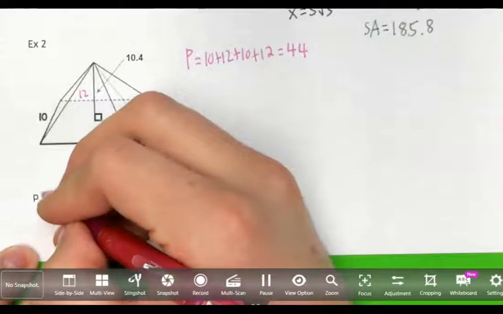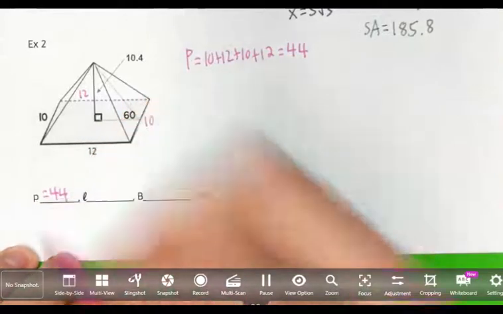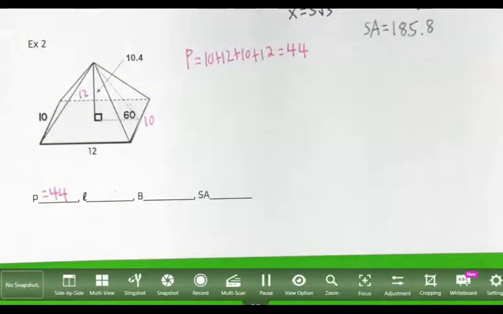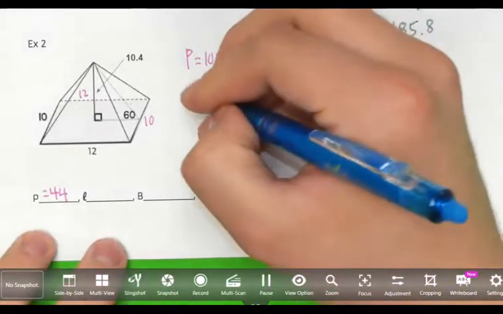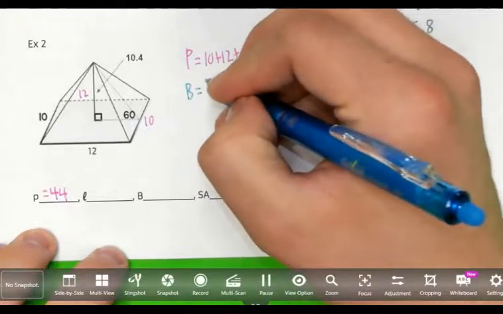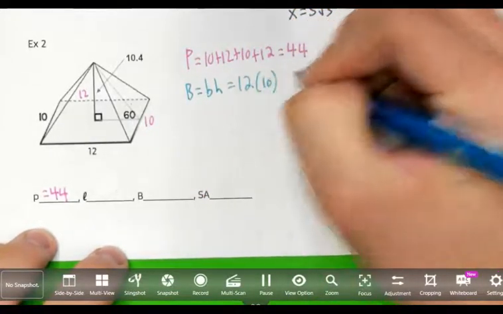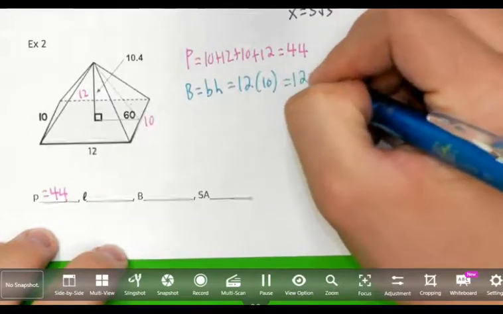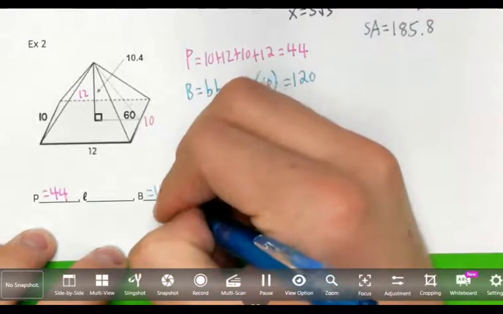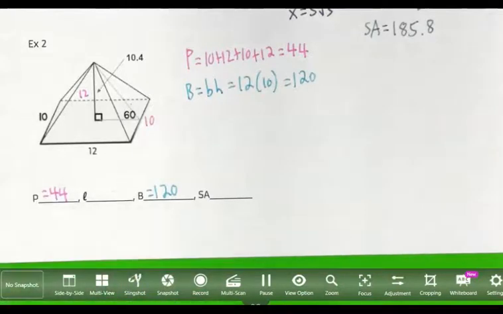We can go ahead and plug that in to this blank over here. And let's go ahead and get the area of the base finished as well. For a rectangle, that is going to be base times height. So that's going to be 12 times 10, which is 120.